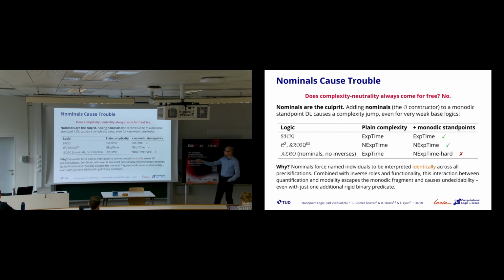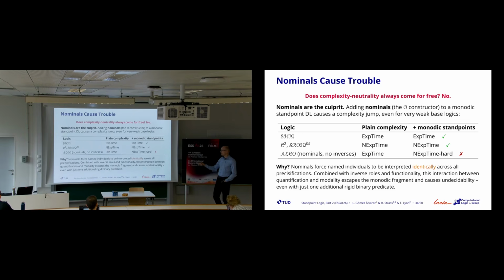But also here, for SHIQ, we have seen that plain SHIQ has ExpTime complexity; if we add standpoint modalities to a monodic fragment, then we keep ExpTime. The same for C2 and its related description logics. But even ALC, only extended by nominals, already gives complexity of ExpTime.